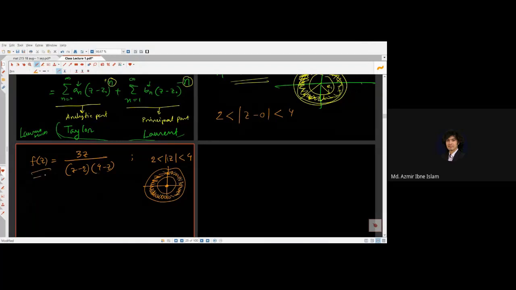The function is analytic inside this region. It is not analytic in the outside part, but it is analytic in the interior of these two circumferences. Is that clear? So the complete question will be: find the Laurent series.